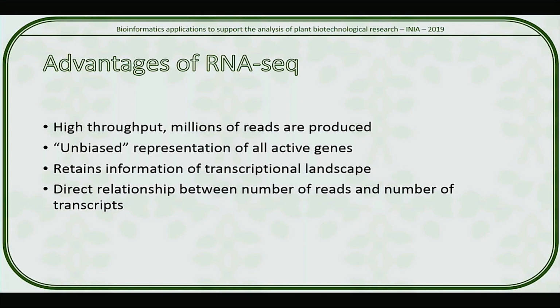You're not going to have the same number of transcripts for ATPase as you have for ribulose 5-phosphatase. You have a different number of copies of that messenger RNA that are active at the time of your extraction.